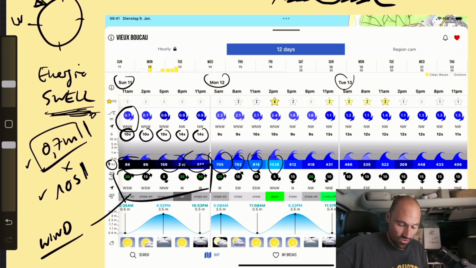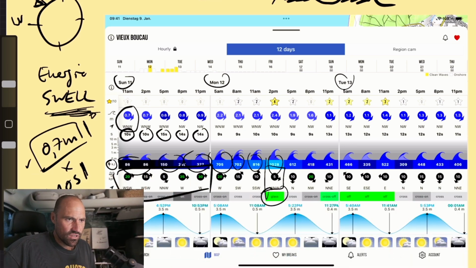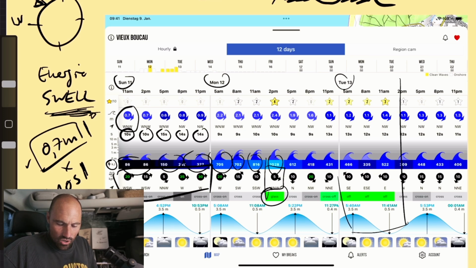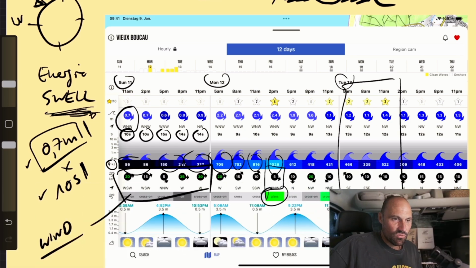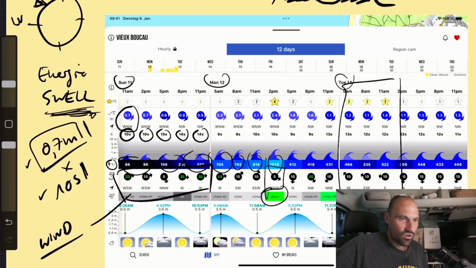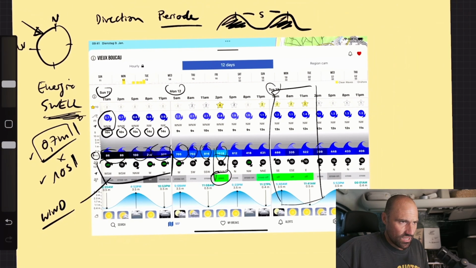That's why you also see those green ones here, meaning glassy conditions, because there's almost no wind, only 5 km/h, which is almost nothing. Or when I move my video quickly to the left, you see here on Tuesday morning we even have offshore. I'm really looking forward to this one, because I'm going to surf hopefully with Max from the Surf Talk podcast.